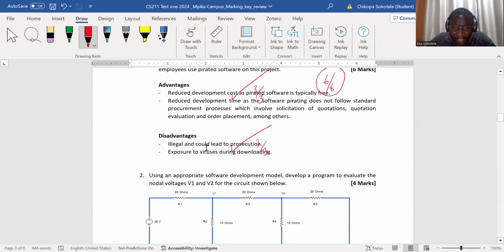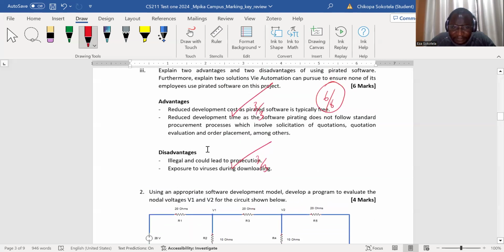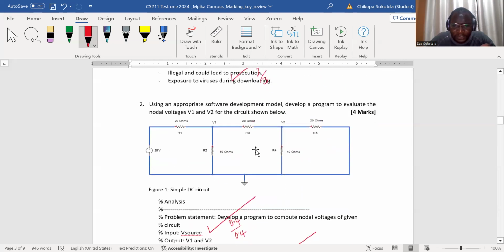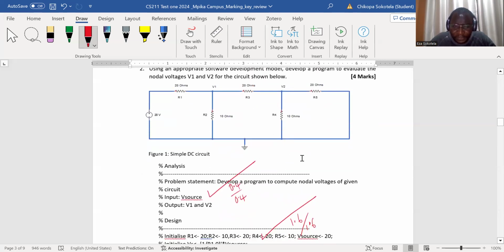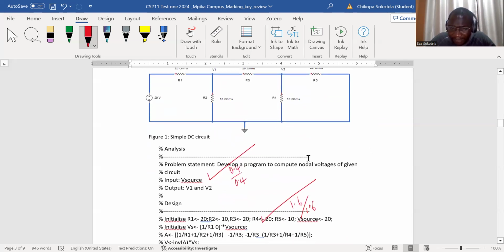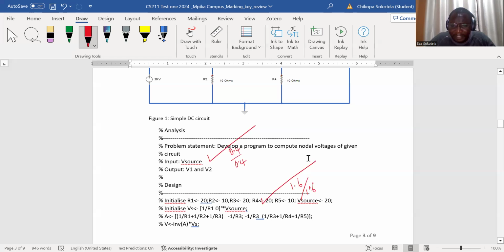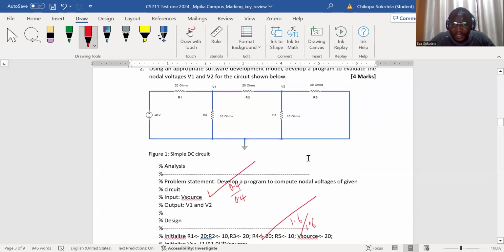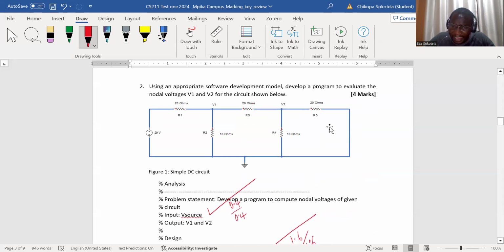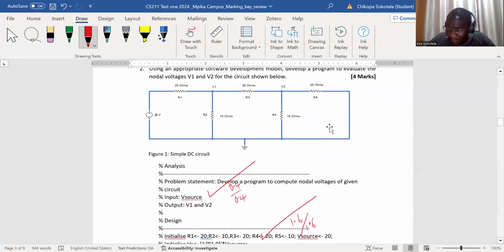Okay, let's go to question 2. So question 2, many of you handled this one fairly okay. But you know that when you are dealing with simultaneous equations, it's a good idea to do a matrix formulation, especially if you're going to use MATLAB.